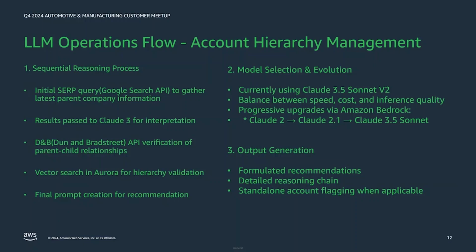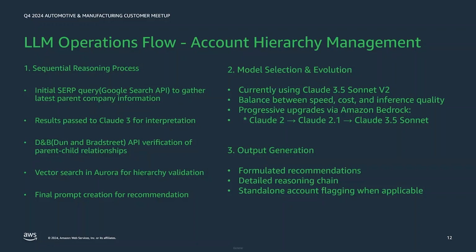Then these results are passed to Claude 3 for interpretation, where we send it to an LLM to generate the prompt for us, saying this is the information that we got from Serper. So we get the results from Claude after that.